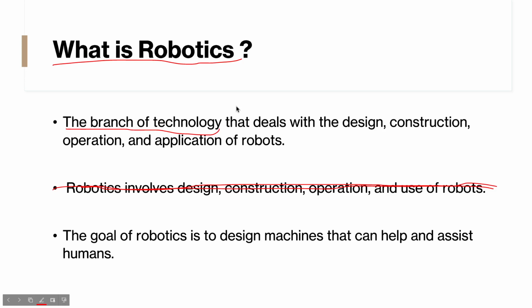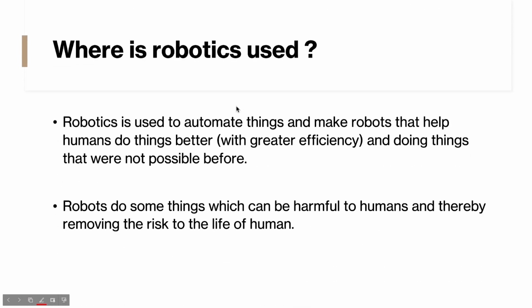Now, where is robotics used? You might not be knowing, but somewhere or the other you are indeed using robotics. Let's say there are some machines in some homes which check whether the tank is full.